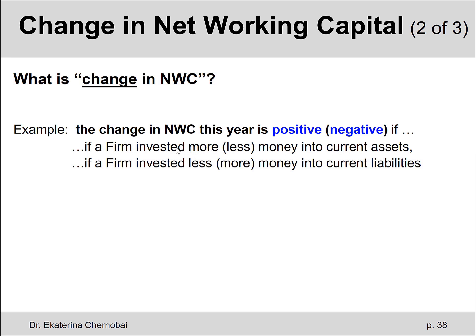For example, it set aside more cash, or increased its inventory, which cost its money, right? Or increased how much money somebody else owes the firm, which is like the money that it's missing out on, right? Or the net working capital is positive if instead the current liabilities have been decreased, right?